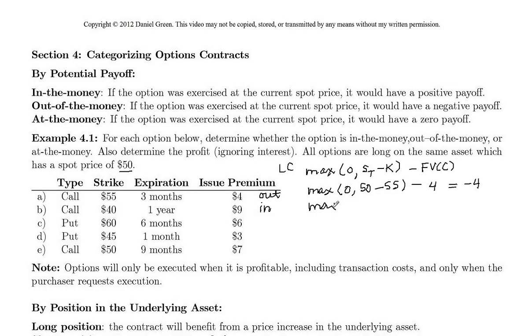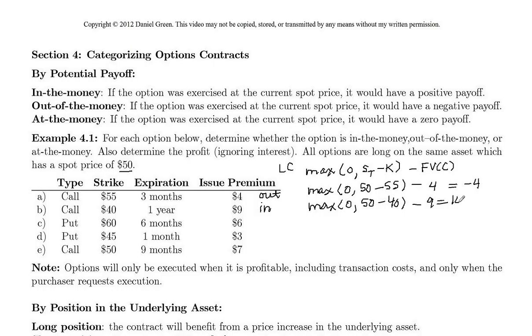That payoff would be the max of 0 and the spot price of 50 minus the strike price of only 40. So that's $10. The max of 0 and 10 is 10, and we subtract off our $9 premium.